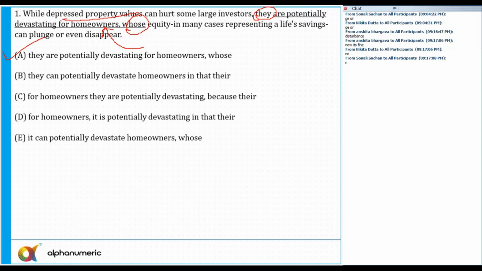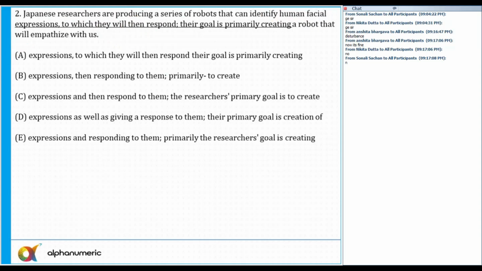Question number 2. If you have no doubts, I'll move to question number 2. It says Japanese researchers are producing a series of robots that can identify human facial expressions to which they will then respond. Okay. Question is who are they?